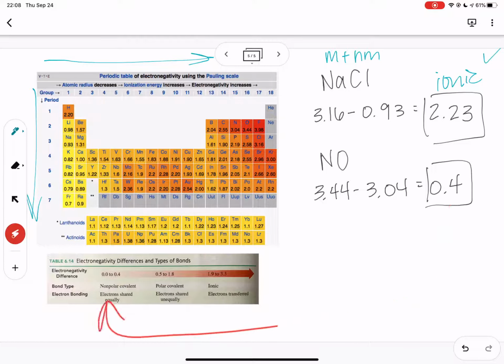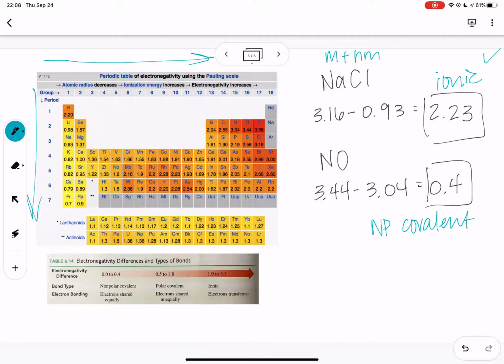Come down here, that's nonpolar covalent bonding. So that's all you need to be able to do. I want you to understand the trend of electronegativity, the element's ability to attract electrons, and know what to do with the electronegativity values and how it relates to polarity.